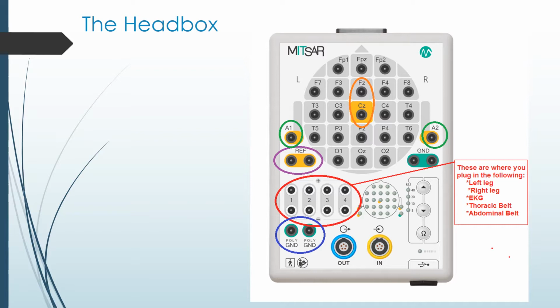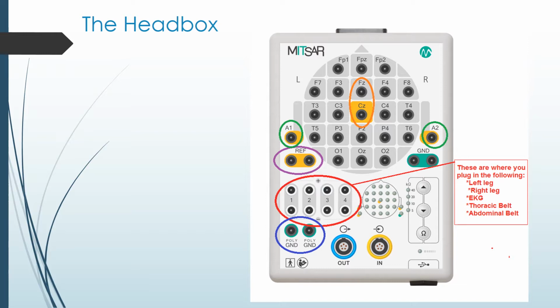Next, you see I have circled in red some polarity ones where I have 1, 2, 3, and 4, and they're matched up together, so you can plug 2 electrodes in at number 1, 2 electrodes in at number 2, 2 electrodes in at number 3, and 2 electrodes in at number 4. This is where you're going to be putting any of your EMG electrodes.